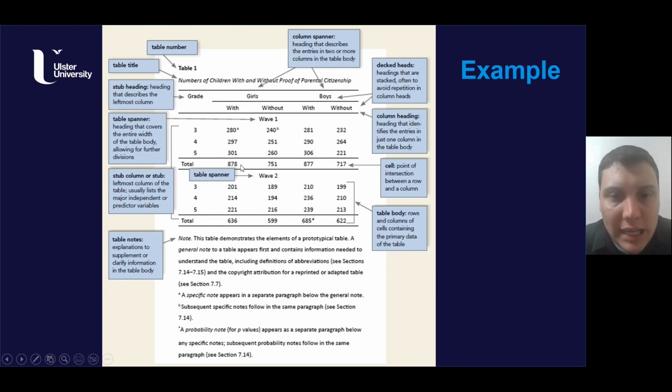Now, when you are appending one table above the other because the information shares the same headings, which is the case here with wave 1 and wave 2, they all are about girls with, girls without, boys with, and boys without, then you don't need to repeat the headings. Also because each table only has one set of heading lines, so you can't have new heading lines below.